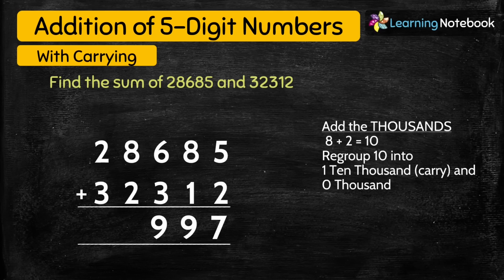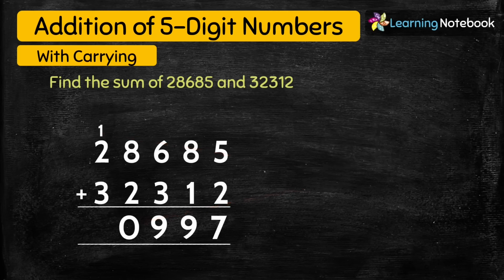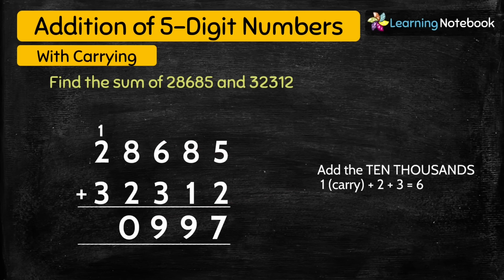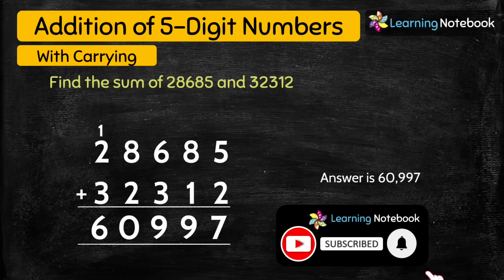Since 10 is a two-digit number, we will carry 1 to the 10,000s place and 0 comes in the answer. Next, add 1 carry plus 2 plus 3, which equals 6. So answer is 60997.